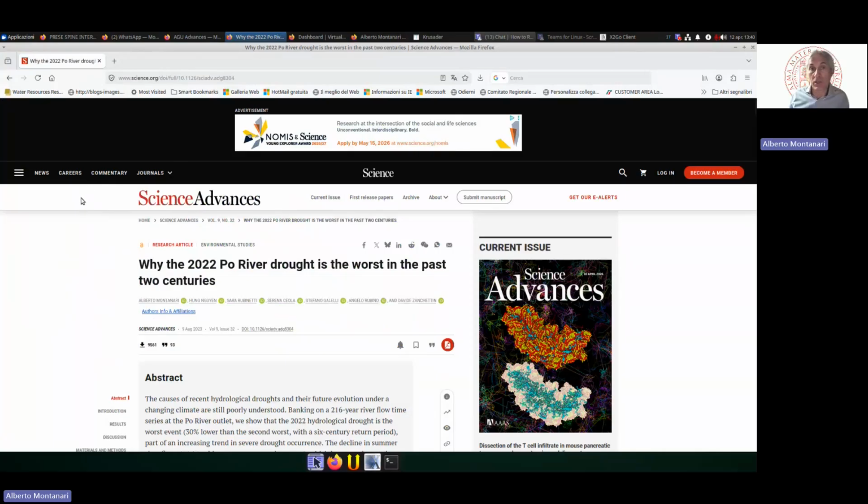And then there are journals that are just a small step below in terms of visibility, and one of these is Science Advances, which is published by the same institution that publishes Science, but is, let's call it, a journal with a lower visibility with respect to Science. Still, it's a very visible journal.